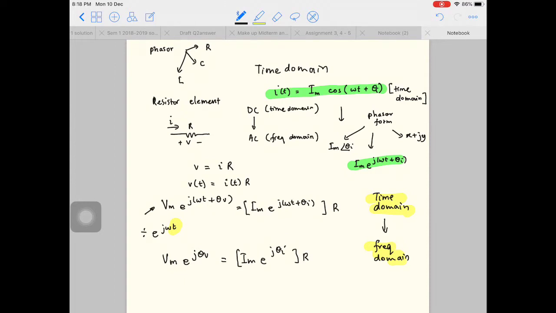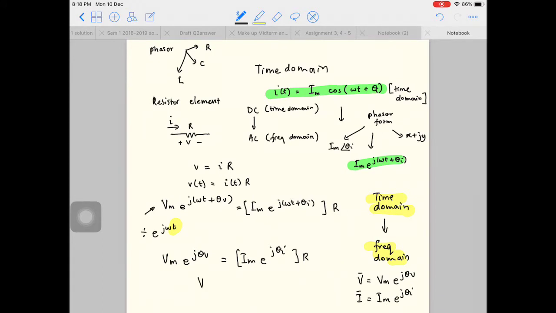And we know that the phasor form for voltage is equal to Vm e^(j theta v), right? So we can substitute this into the equation we have created now.